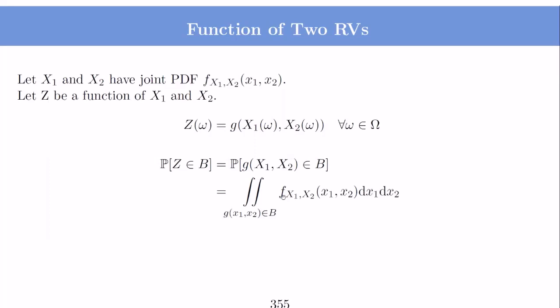You just take the joint PDF and integrate it over this area where g(X1, X2) belongs to B. You can also treat X1 as x and X2 as y, to understand that this is one coordinate and this is another coordinate.